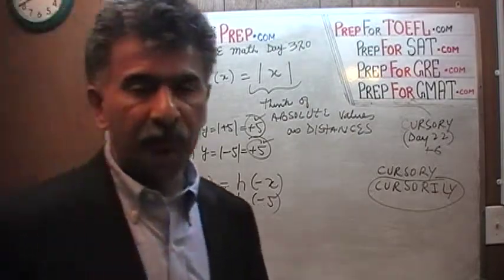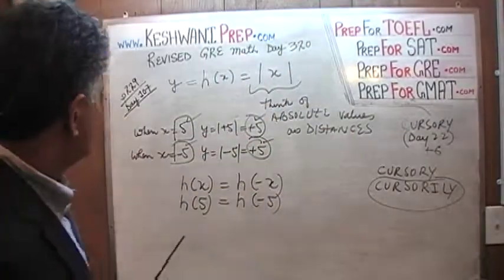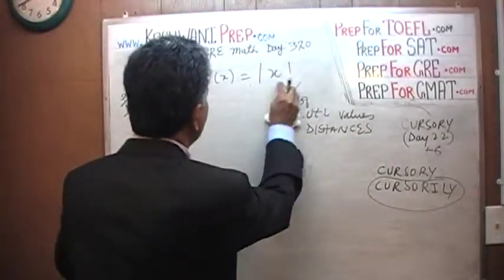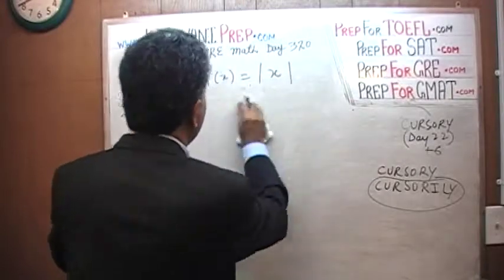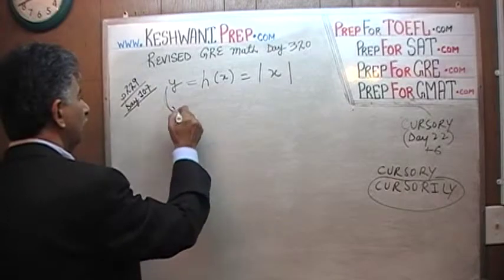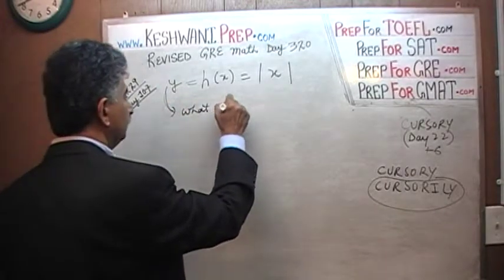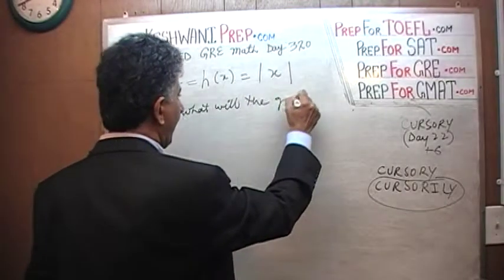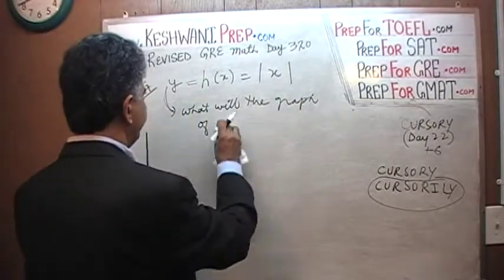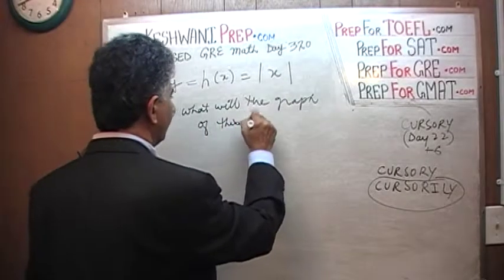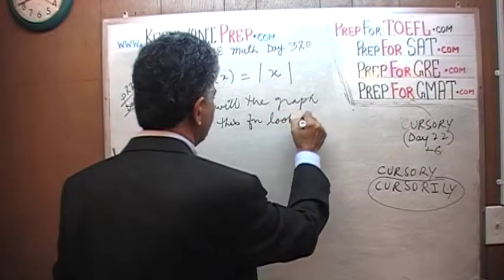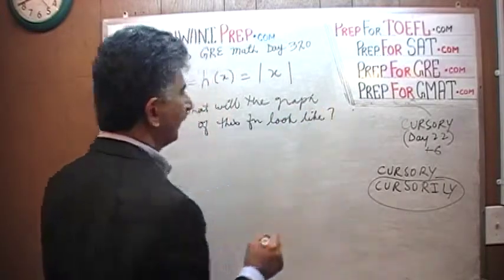One last question before we wrap it up. Here's the question. This function that we're given here, what will the graph of this function look like?